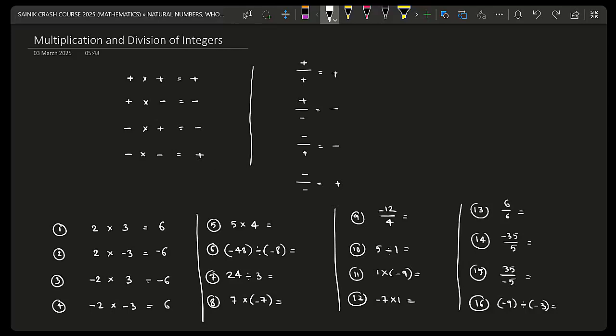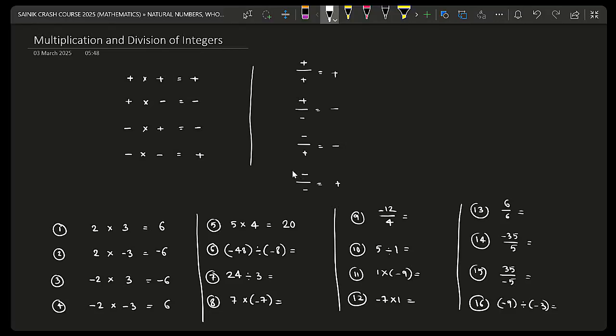Any other student who wants to answer the next four questions can raise a hand. Shana, can you give the answer for the next four questions? Read the question and answer. 5 into 4, 20. Next, minus 48 divided by minus 8 is minus 6.